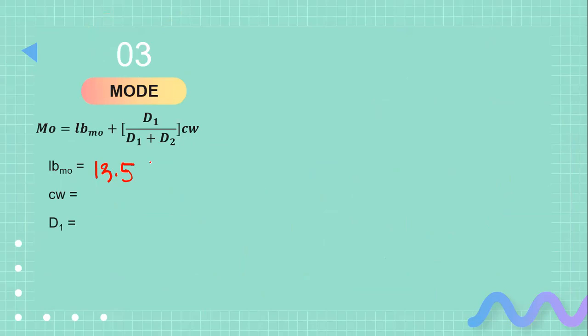Okay, now. So muna ato ang LBMO. Na for class width class, pila ganito? Ato ang class width. Okay, it's 4. Wait. It's 4. Then for D1, okay, let's go back again.